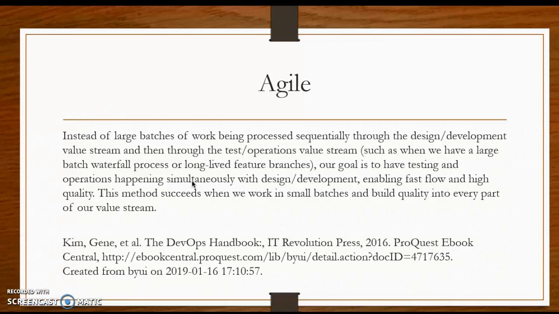And in the book it says, instead of large batches of work being processed sequentially through the design development value stream and then through the test operations value stream, such as when we have a large batch waterfall process or long-lived feature branches, our goal is to have testing and operations happening simultaneously with design development, enabling fast flow and high quality. This method succeeds when we work in small batches and build quality into every part of our value stream.